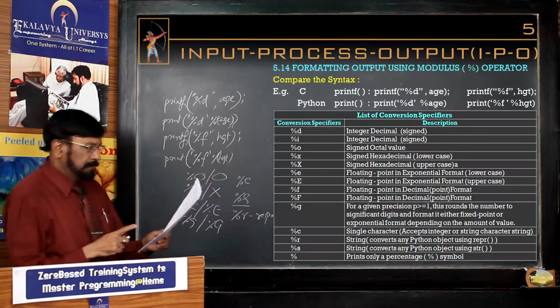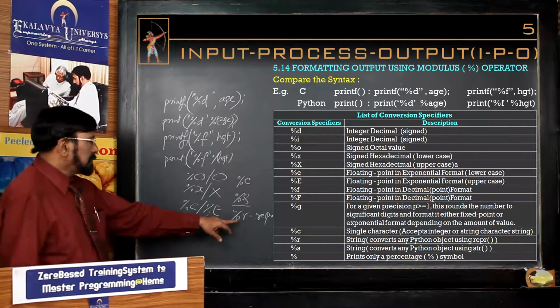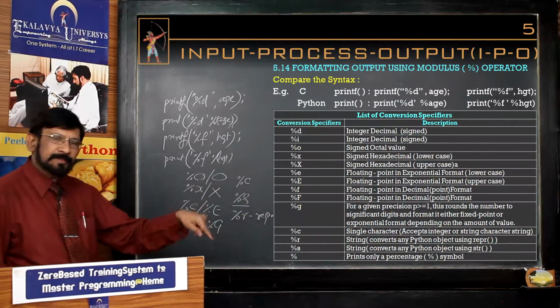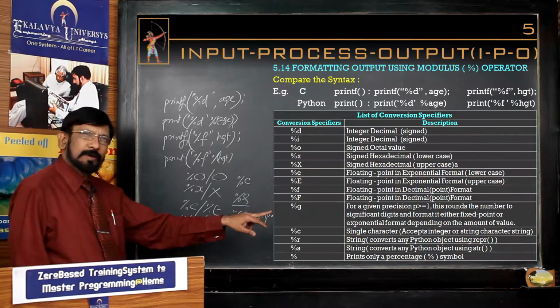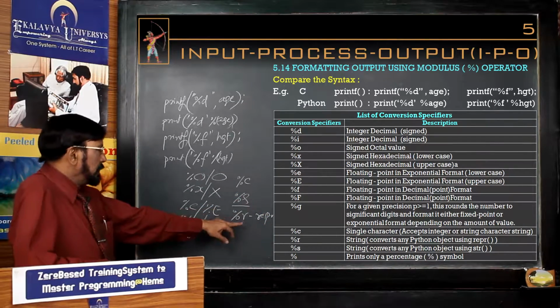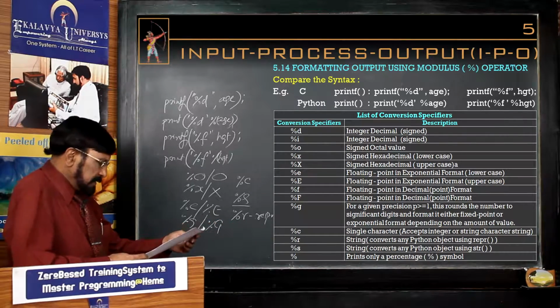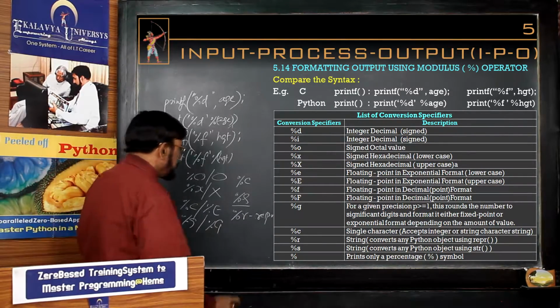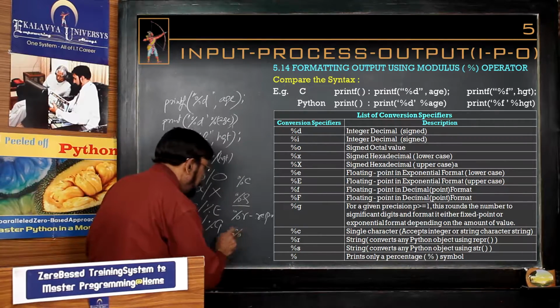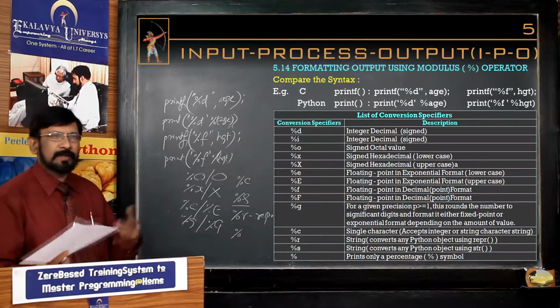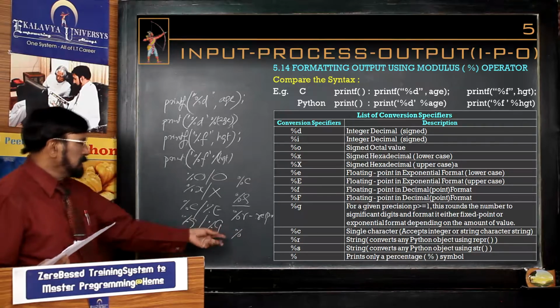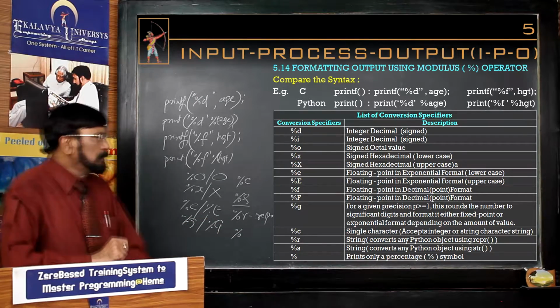Using the repr method, we convert Python data types into objects, then we can use %r. Thereafter, sometimes we have to print a single % symbol, like the mathematical percent symbol, then we can use it.